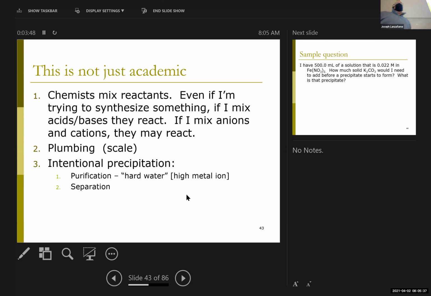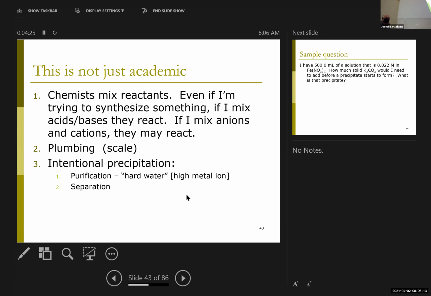And one of these is purification. This is a common problem if you have well water, although even if you have centralized city water, some cities have harder water than others. And for people who are sensitive to it, you can get home purification systems, which mostly, I mean, there are some more advanced ones that are reverse osmosis or things like that, but a lot of them are based strictly on precipitation, right?